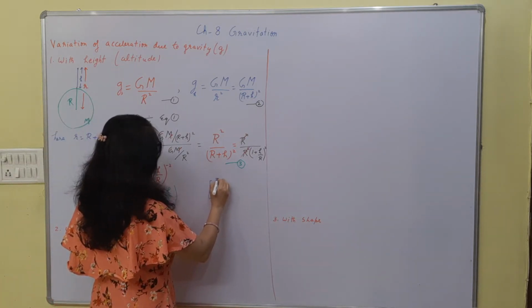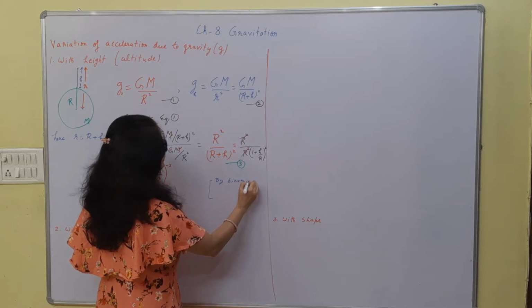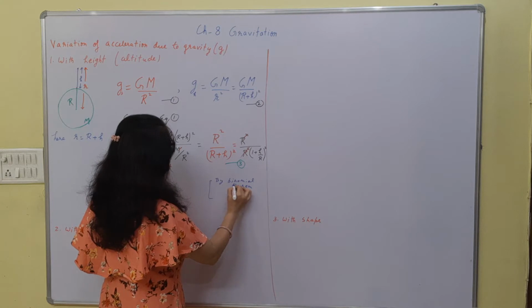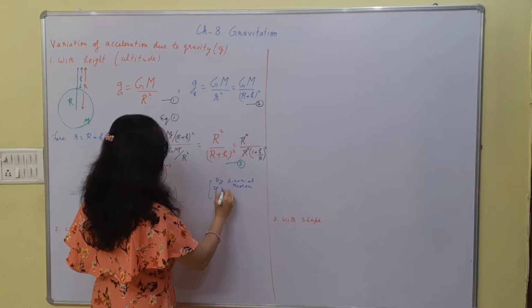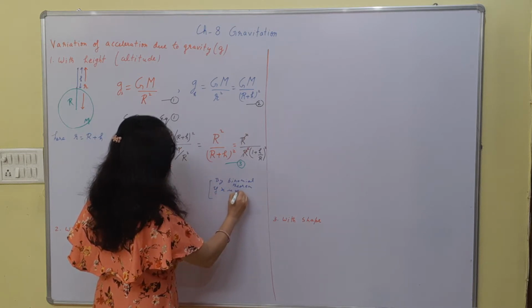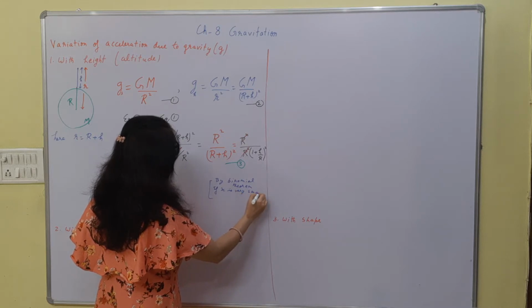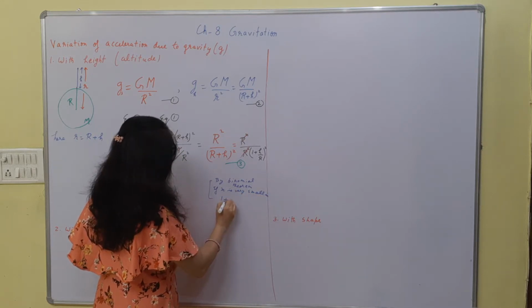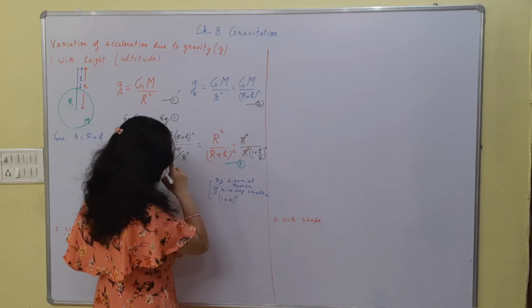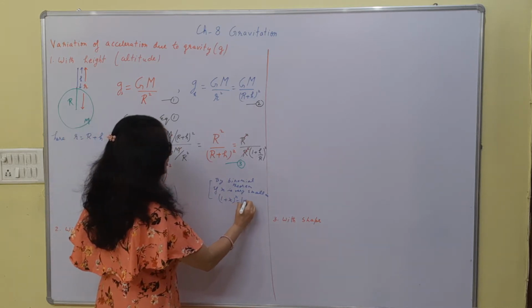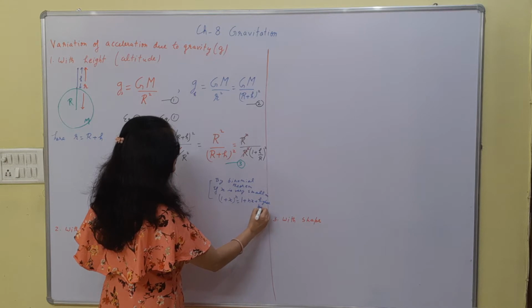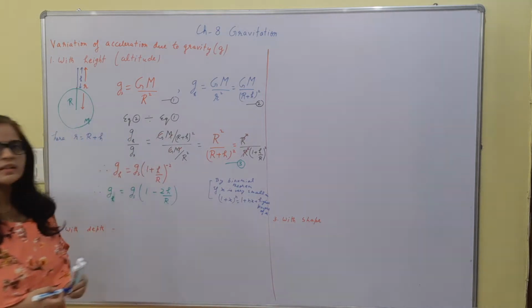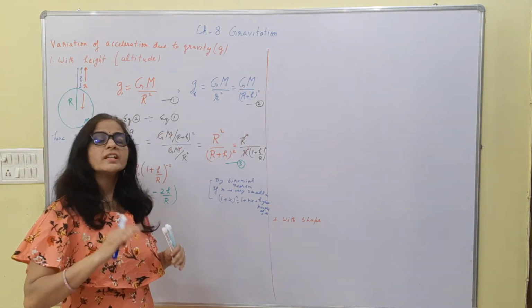So by binomial theorem, we know that if x is very small, in the expression 1 plus x to the power n, if x is very small, then this can be written as 1 plus nx plus higher powers of x. If x is very small, then higher powers of x will be even smaller.